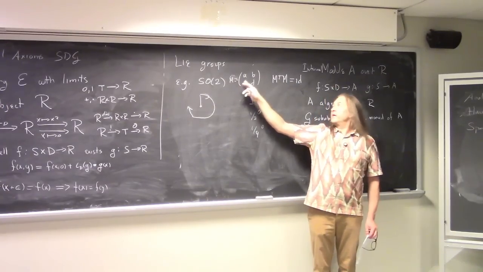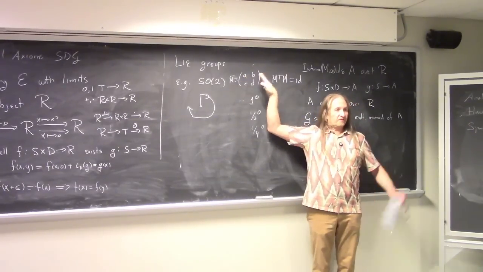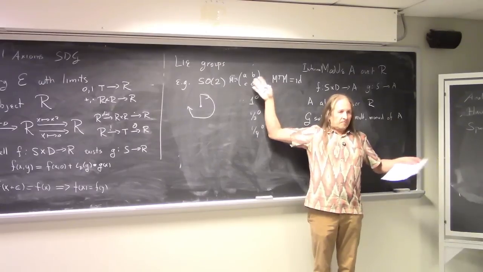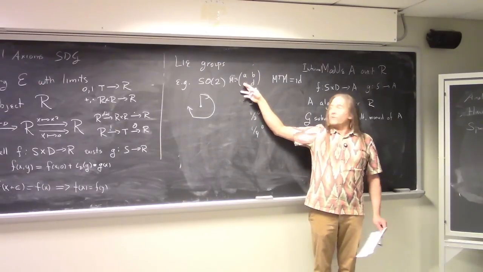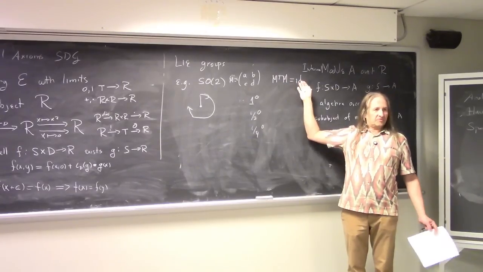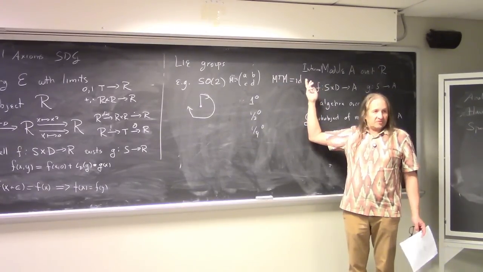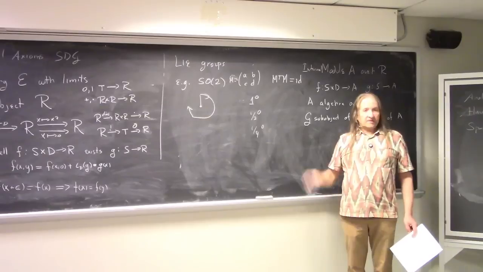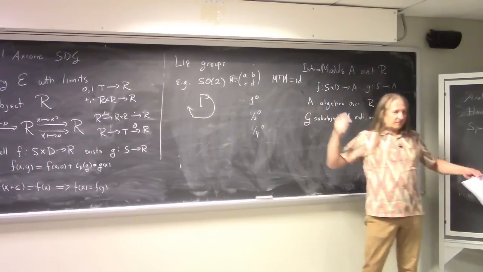Here's my 2 by 2 matrix. There's some kind of vectors. They're a module over R. They're an algebra over R. And the group is given by this subobject, the ones that satisfy this condition: the transpose times the matrix is the identity, so the transpose is the inverse.